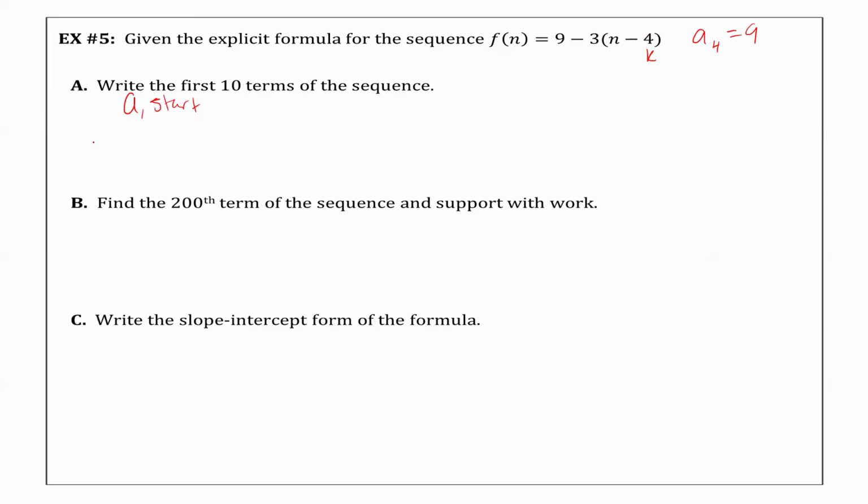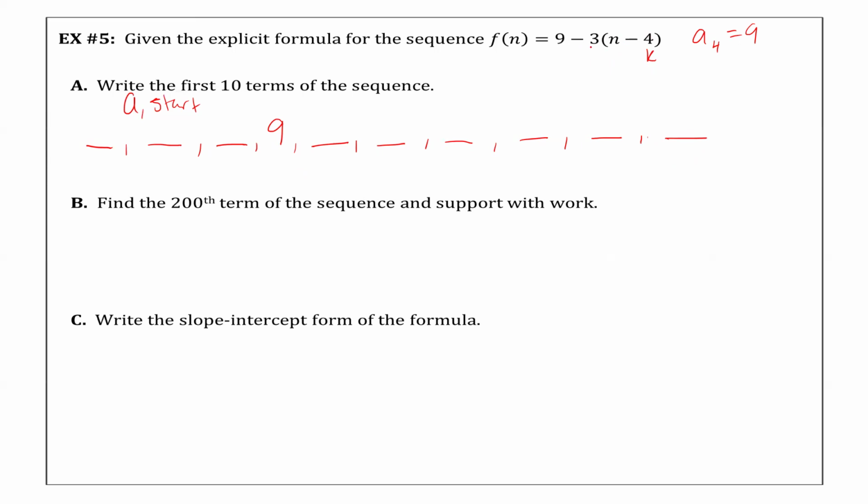So I do not know A sub 1, A sub 2, A sub 3, but I do know A sub 4 is 9. And I need to find 5, 6, 7, 8, 9, and 10. Does that make sense?